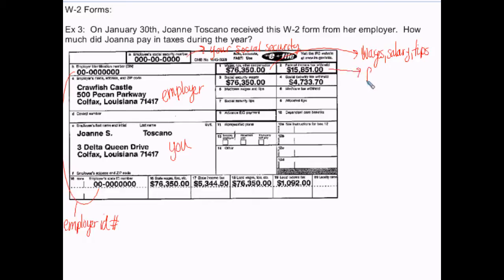This box is your federal income tax withheld. This is your Social Security wages, and I'll explain the difference between the two in a minute. And then this box over here is the Social Security and Medicare withheld.